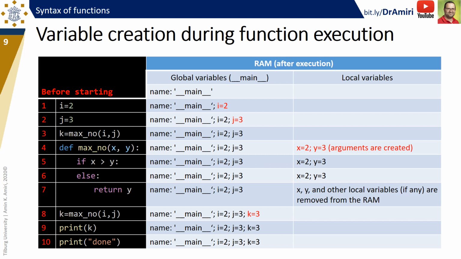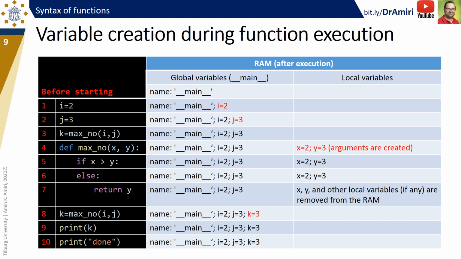An example of them is name, which stores main here, dunder main. That means that the name of the program is dunder main. After that, the first line that was executed was I equal to 2. So a new variable is added to the RAM, which contains 2.